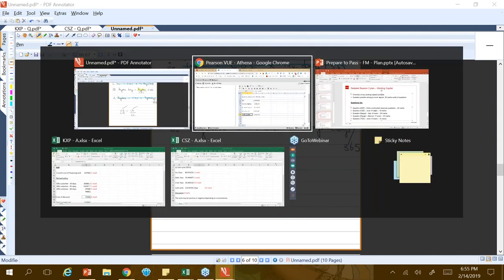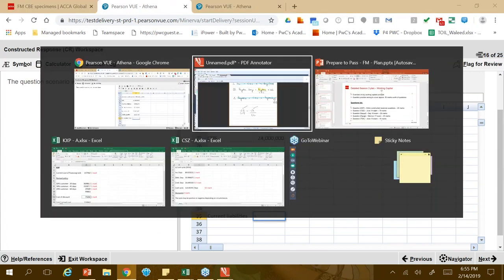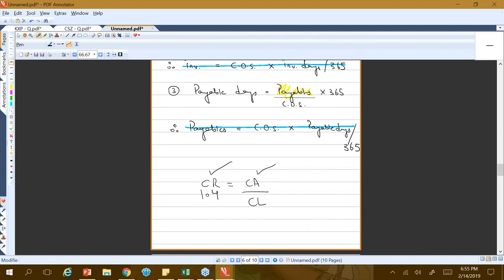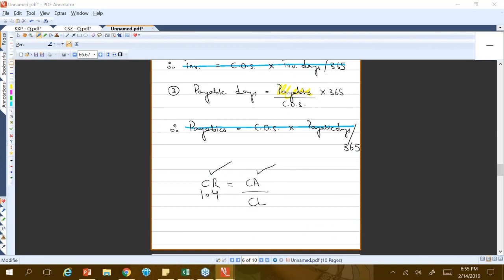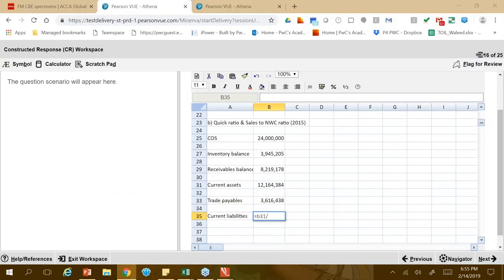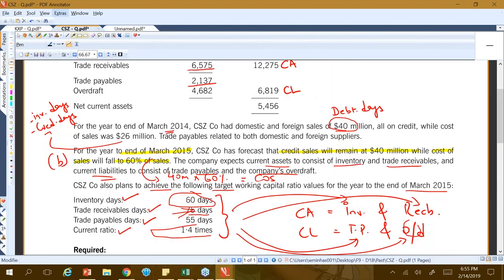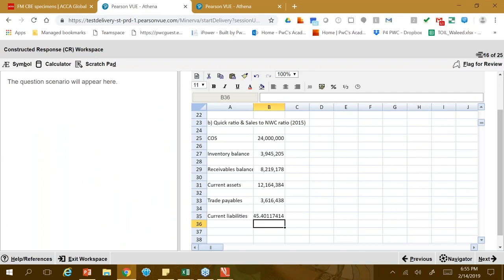We don't need the trade payables really. Current assets are in B31, and the current ratio given in the question is 1.4. So current assets over the current ratio gives us our current liabilities, which are 8688845.